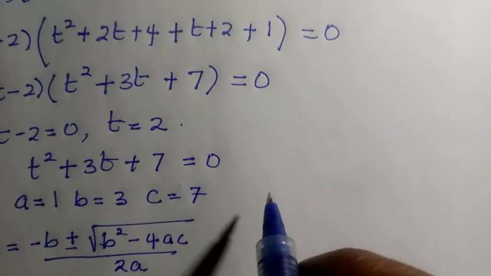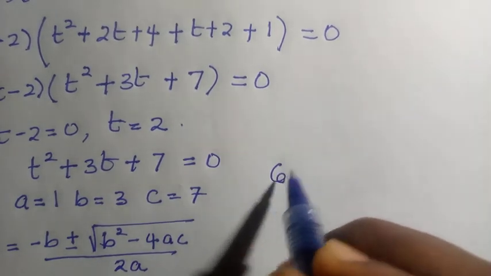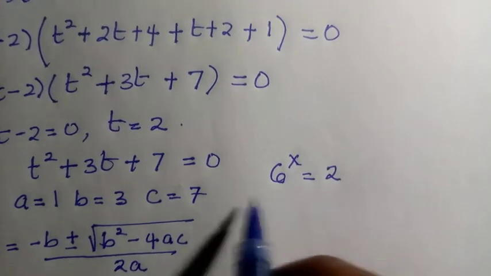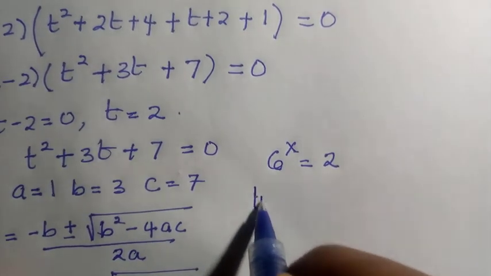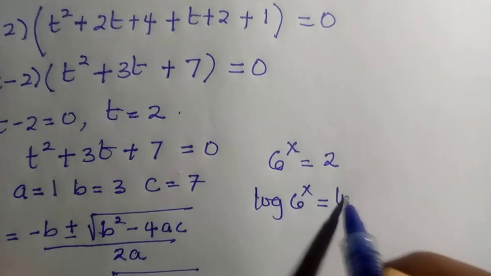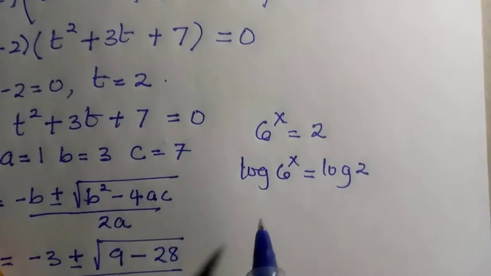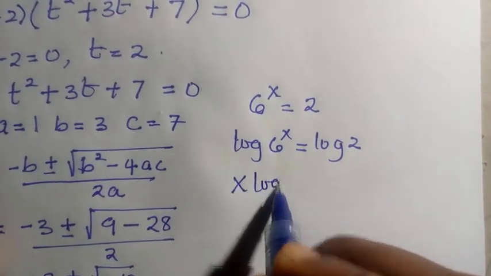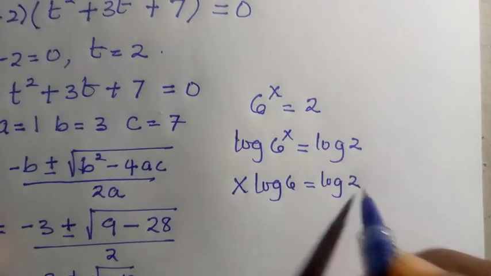For the real solution, we have 6 to the power of x equals t, that is 2. Then we introduce logarithm to both sides, so we have log of 6 to the power of x equals log 2. Applying the rule of logarithm, we have x log 6 equals log 2.